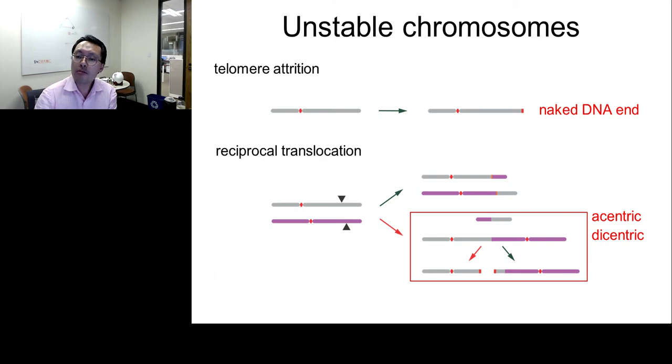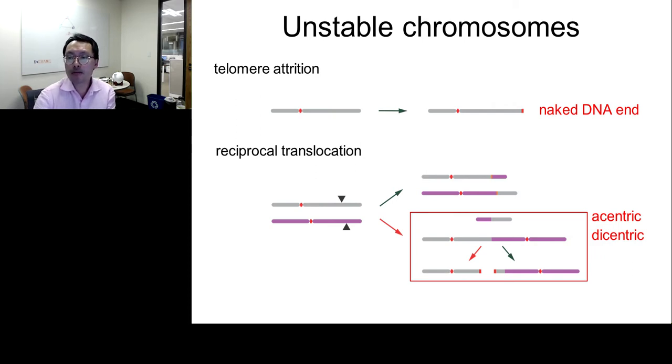Now, there are two possible ways that the two double-strand breaks can be joined between the two chromosomes. Shown on top is the outcome when the two breaks are joined in a way such that the resulting translocated chromosomes are still stable, meaning each chromosome has a centromere with two telomeres, except that the partners have swapped.